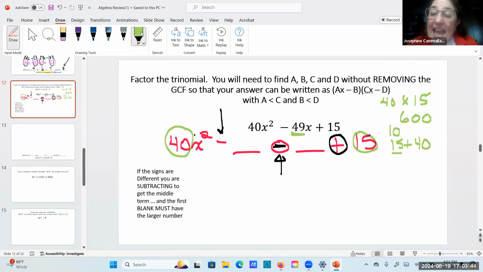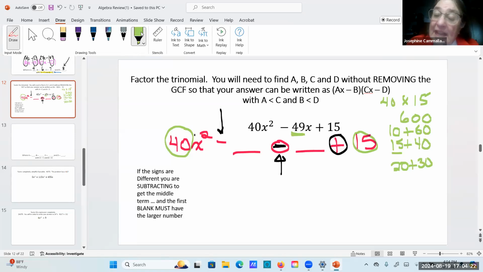Well, if I take 10 and I divide it into 600, I get 60. Well, I'm going in the wrong direction. Well, let's go down something. 5 times 3 was 15. 5 times 4 is 20. 20 plus 30. Oh, I'm getting closer. That's 50. I'm going in the right direction.